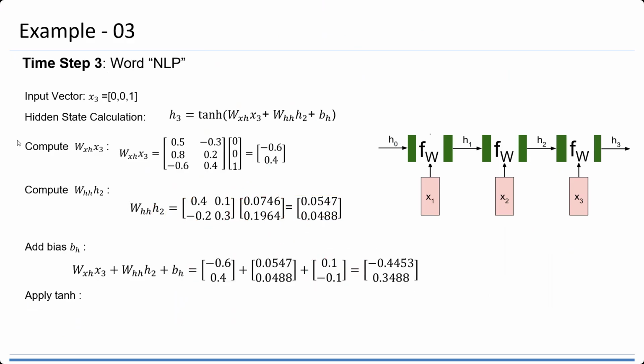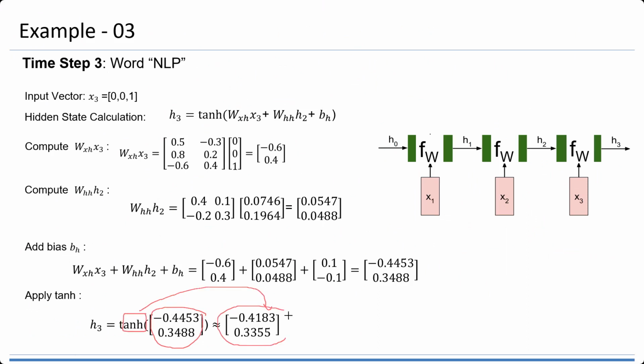At the end, because this is a tangent function, we need to convert this value into a result with the tangent formula. So after we do the tangent formula, we got this result. Then this is the value for the H3. Okay.